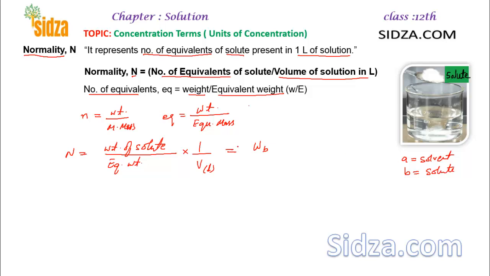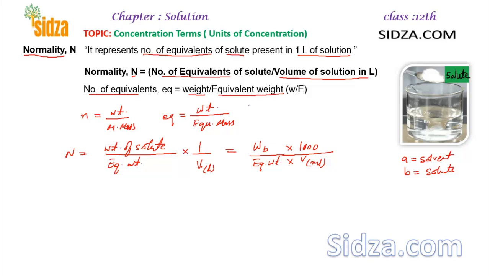So the weight of solute is WB, divided by the equivalent weight of solute, times the volume of solution. If I take the volume in mLs, then I need to multiply the equation by 1000 here. Here the volume is in mLs, whereas earlier the volume was in liters.